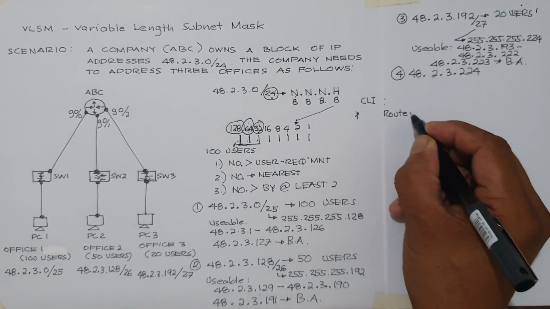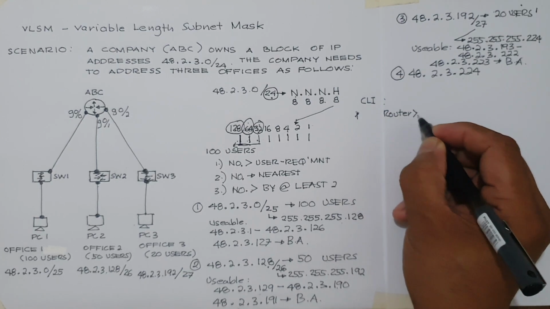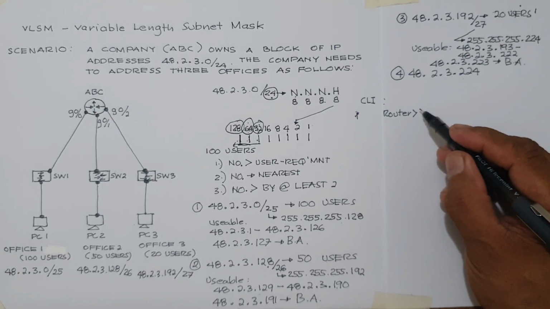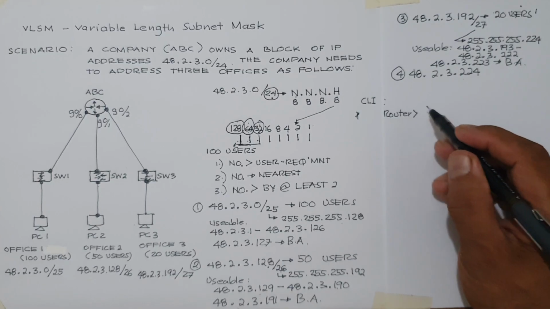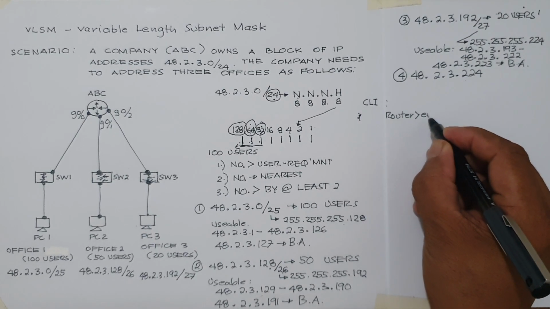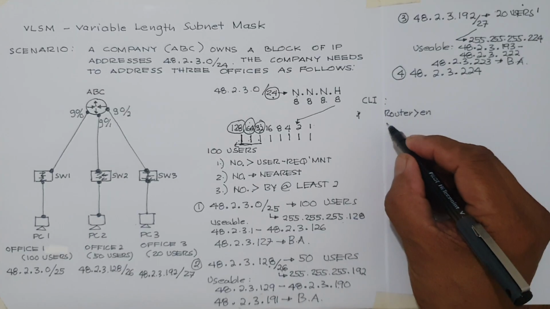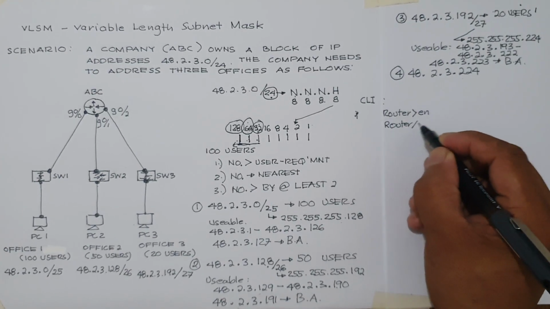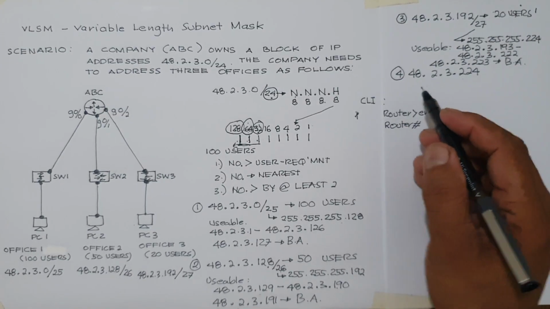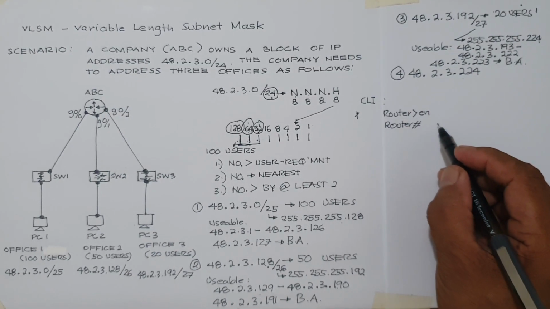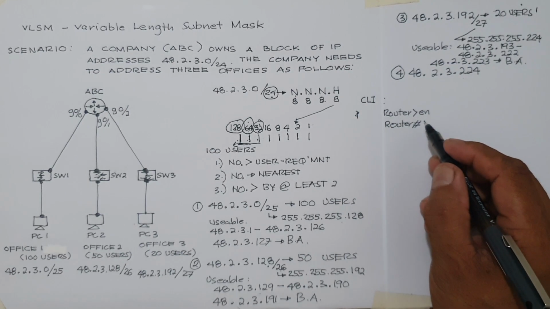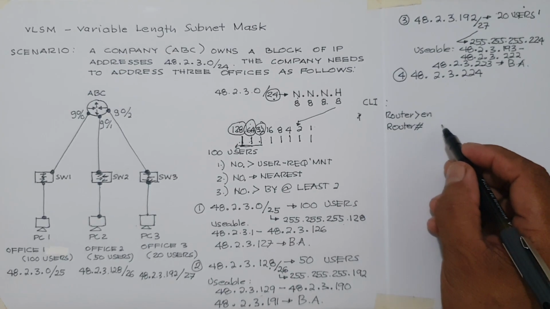The default name of the router is Router, with this symbol that shows that you are in the user executive mode of the command line interface. So you type en, which is a shortcut for enable, and when you press return, this symbol changes to #, which means that we are now at the privileged mode.